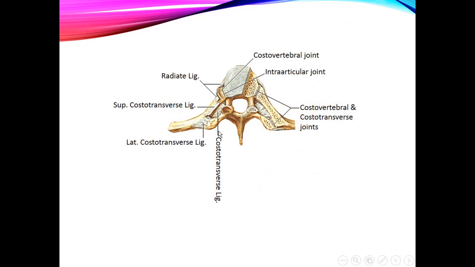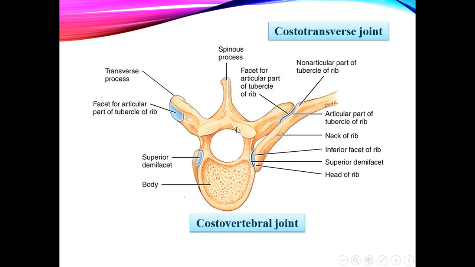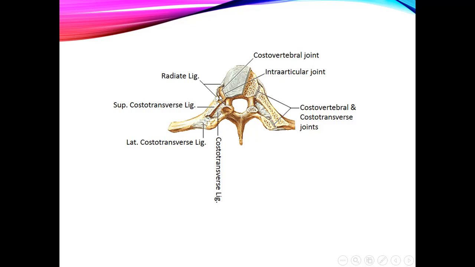Here you can see some supporting ligaments, and here we've got the lateral costotransverse ligament, which supports the costotransverse joint. And remember that the costovertebral joint is supported by the radiate ligament.